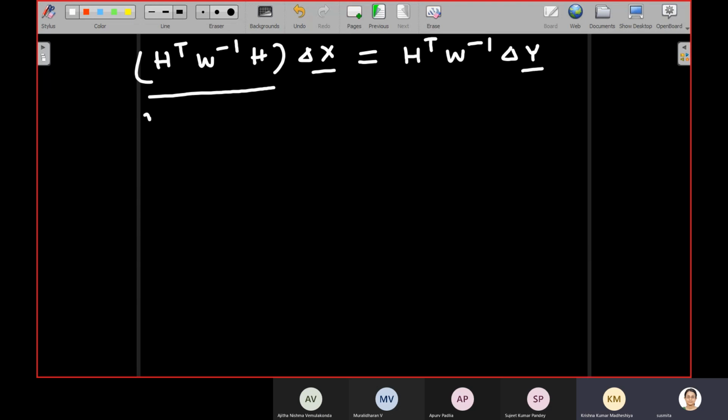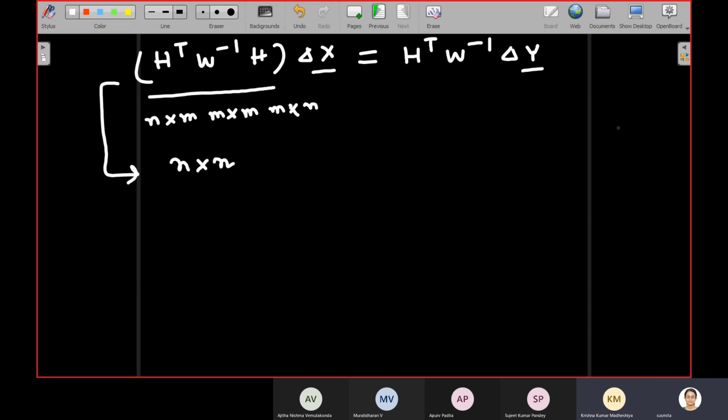We know H is m cross n. So we are taking H transpose, so that will give us n cross n. W is m cross m, and H is again m cross n. So we are basically getting an n cross n matrix. So this is a square matrix, okay?